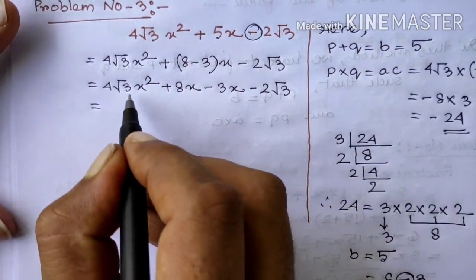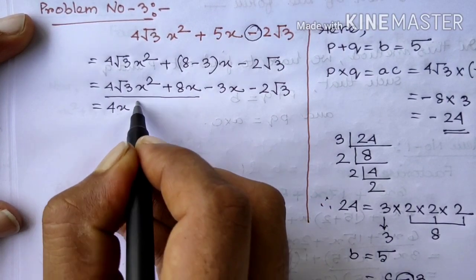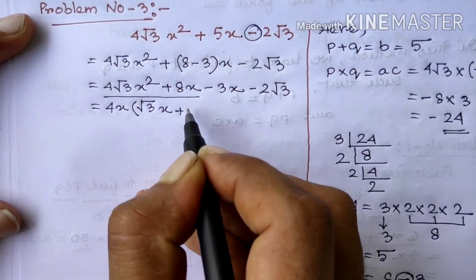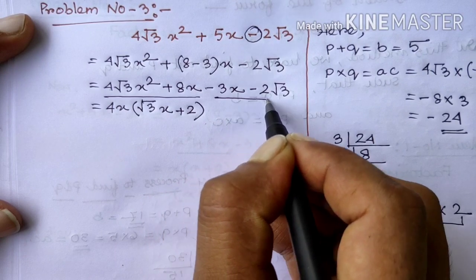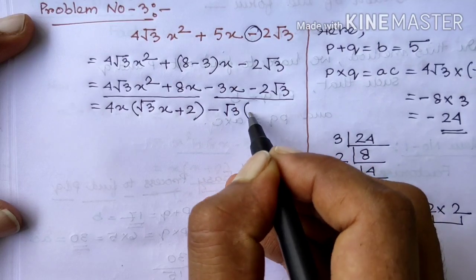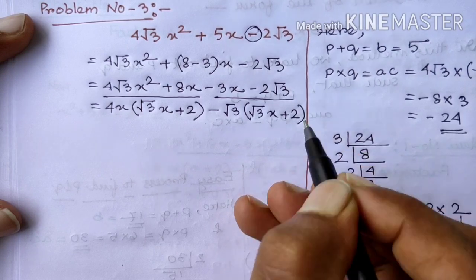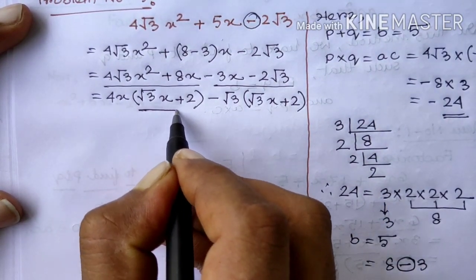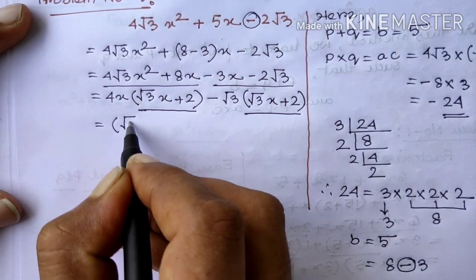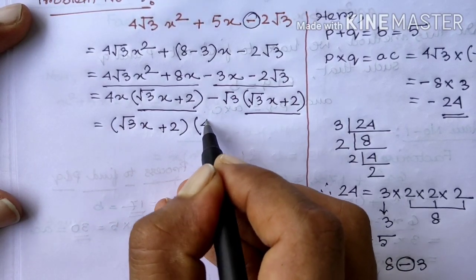Now taking common 4x from the first two terms, we get 4x into root 3x plus 2, and taking common root 3 from the rest two, we get root 3x plus 2. And now we take common root 3x plus 2 and we get root 3x plus 2 into 4x minus root 3.